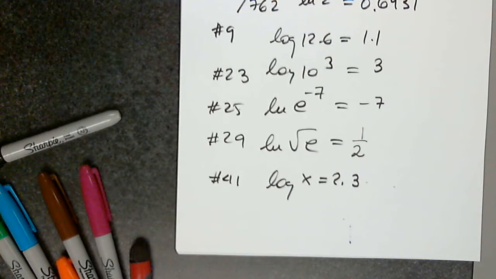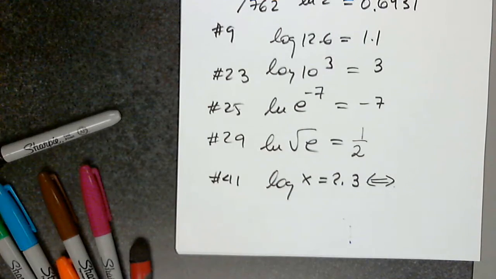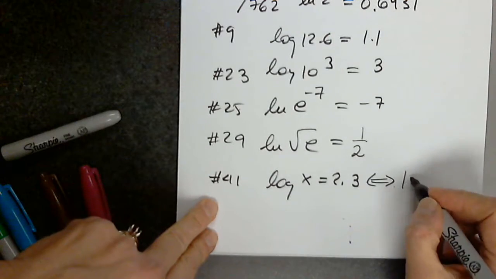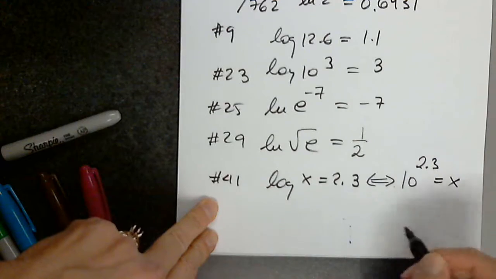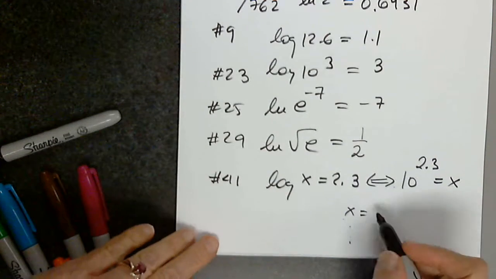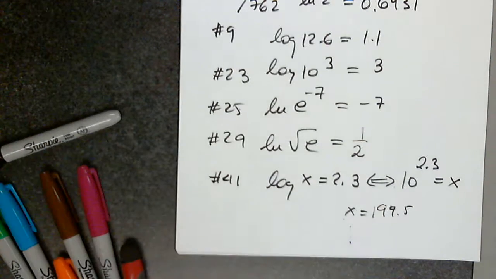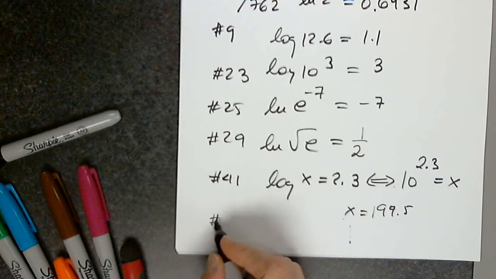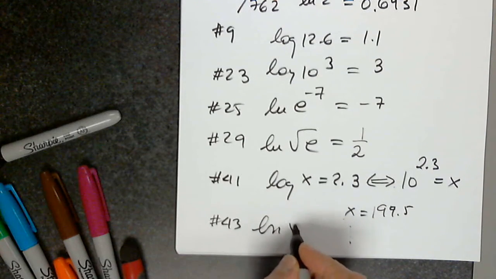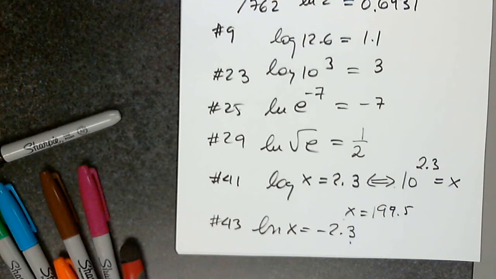So we're asked to find x. I have to change it into an exponential equation. What do I write? Exactly. 10 raised to 2.3 is x. And yes, I have to approximate that. How much did we get for 10 raised to 2.3? 199. Good. Awesome. Let's look at 43. Natural log x equals negative 2.3.